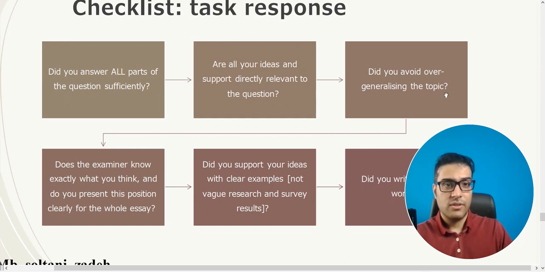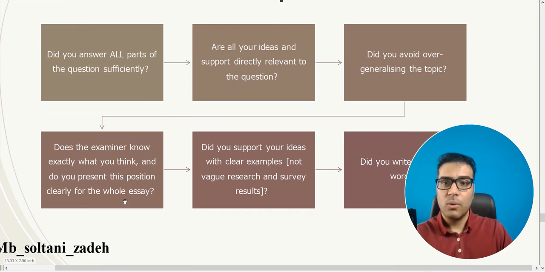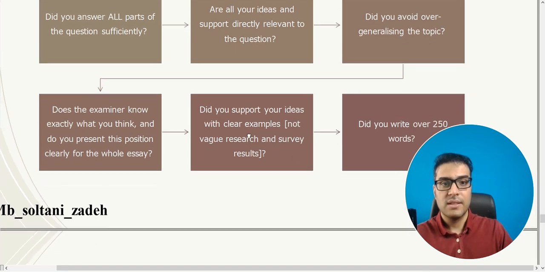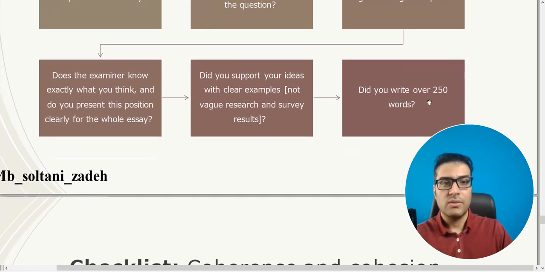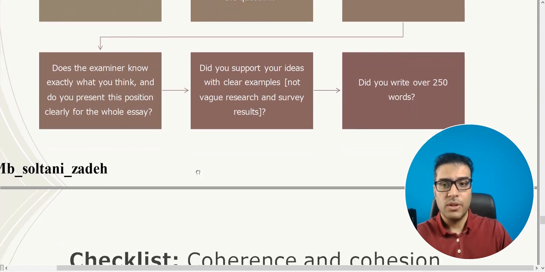Did you avoid overgeneralizing the topic? Does the examiner know exactly what you think? And do you present this position clearly for the whole essay? Did you support your ideas with clear examples, not vague research and survey results? Did you write between 200 and 250 words?